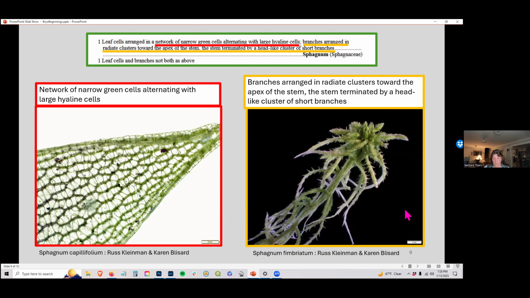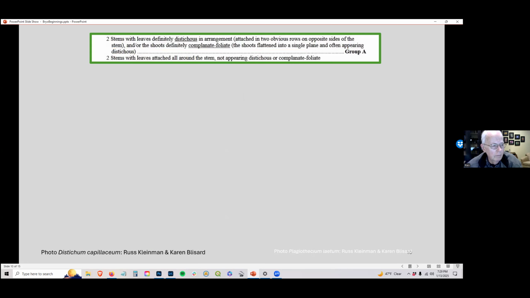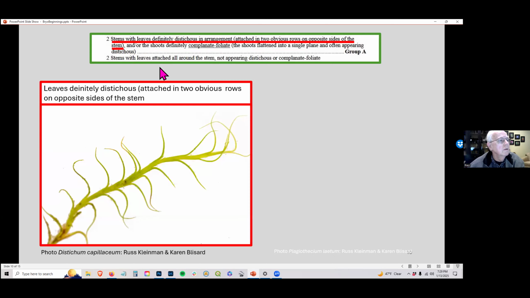I think the only sphagnums I've seen came in a packet, so I don't know, but I think they're fairly obvious if you actually pick one up and look at it. So that got us into the sphagnum group. We've peeled that off as the first number two, and that leaves everything else. So let's go to the everything else part of the couplet.